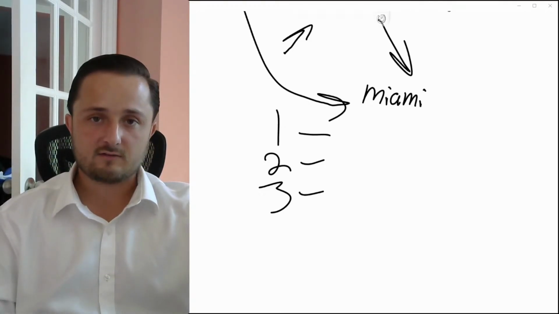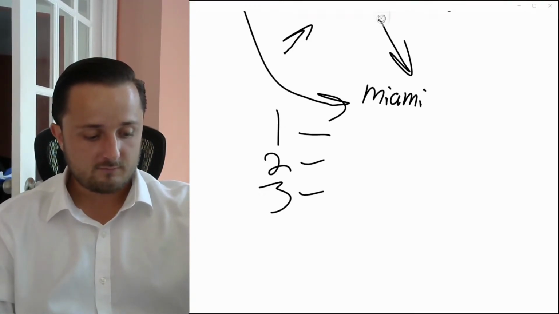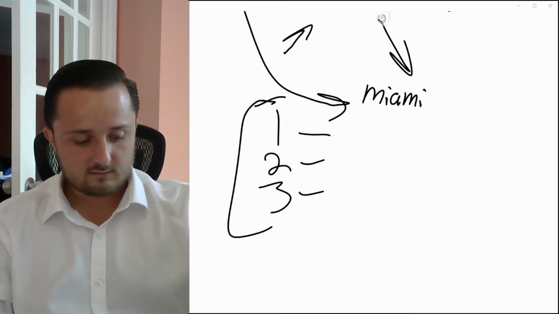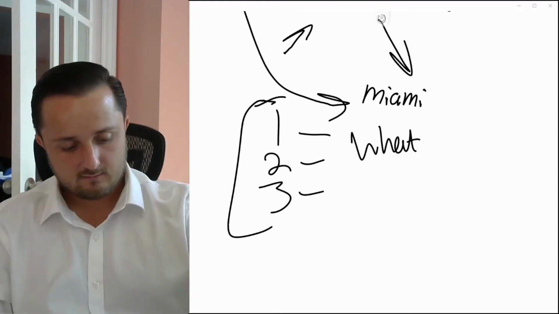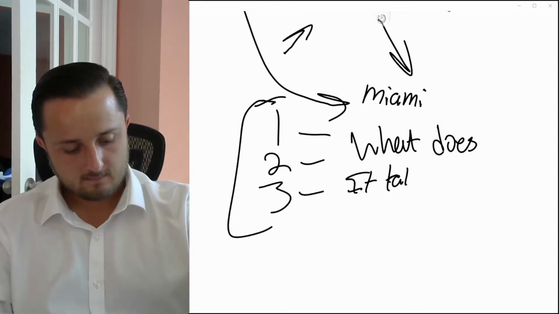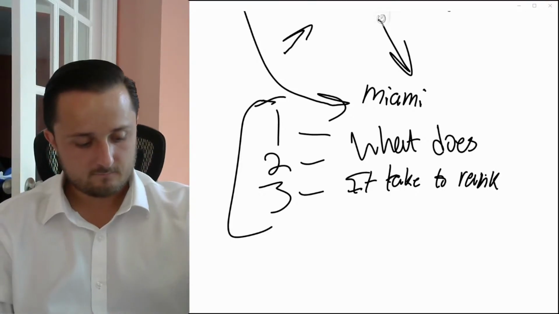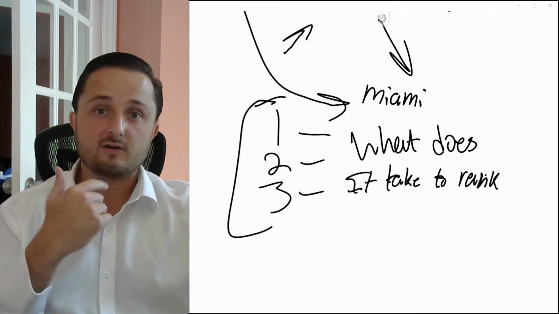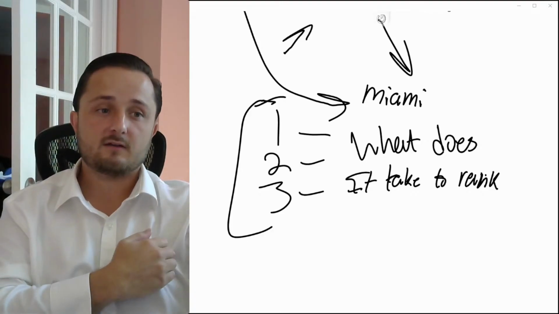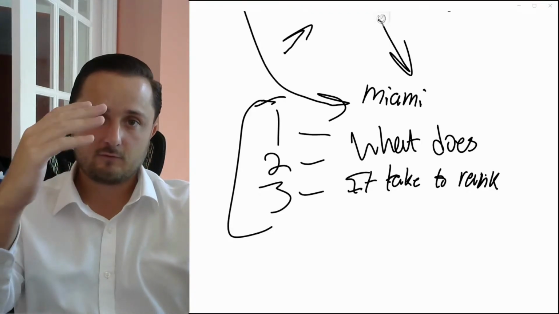There's hundreds, if not thousands more, but either way, from these top 3 ranking websites, I would find what it takes to rank, because Google's already telling us what it takes to rank, because it's already displaying things that it thinks should rank in the first place.